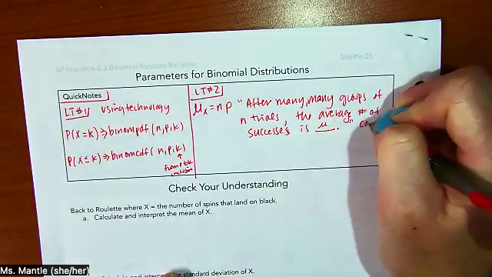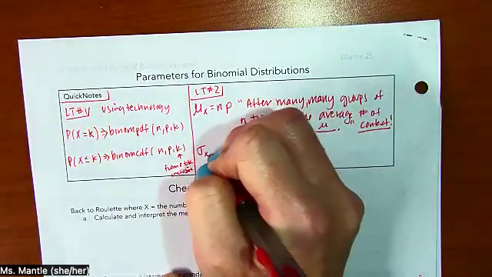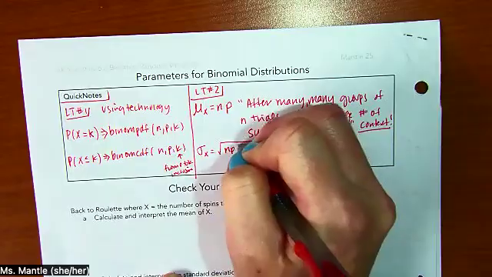Okay, and you want to make sure that you're in context. And sigma sub x is the square root of n times p times 1 minus p.